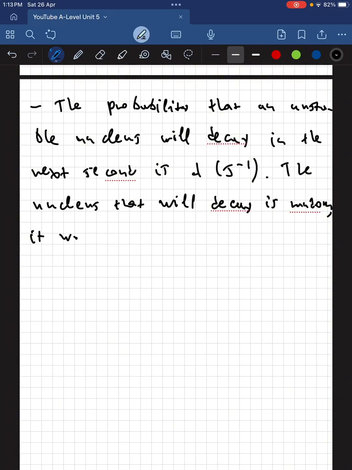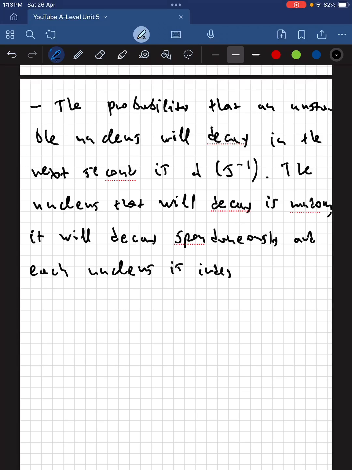It will decay spontaneously. And each nucleus is independent, meaning that if I am nucleus 3 and I decay, that will not affect when nucleus 50 is going to decay in the same example of 100 unstable nuclei.